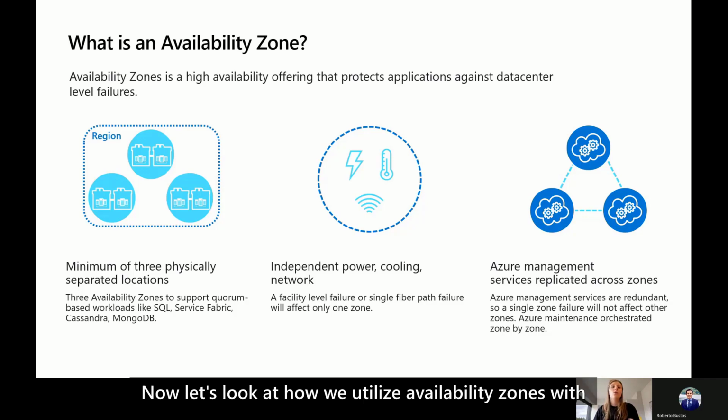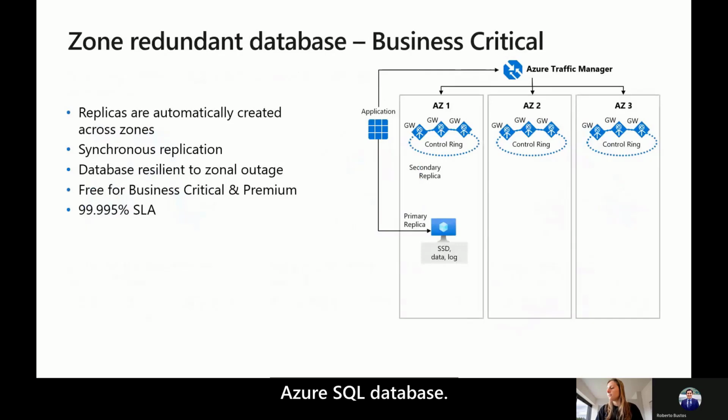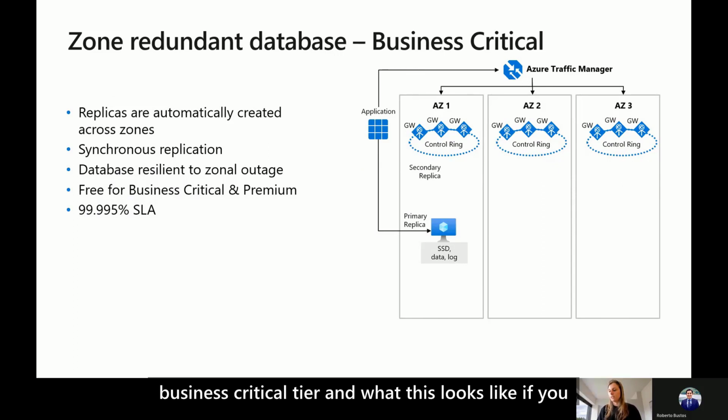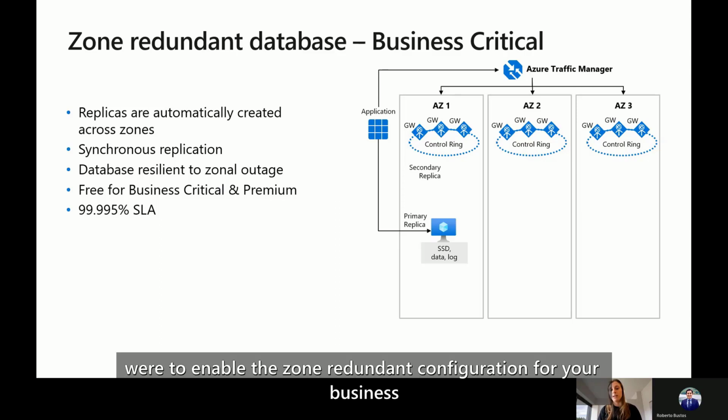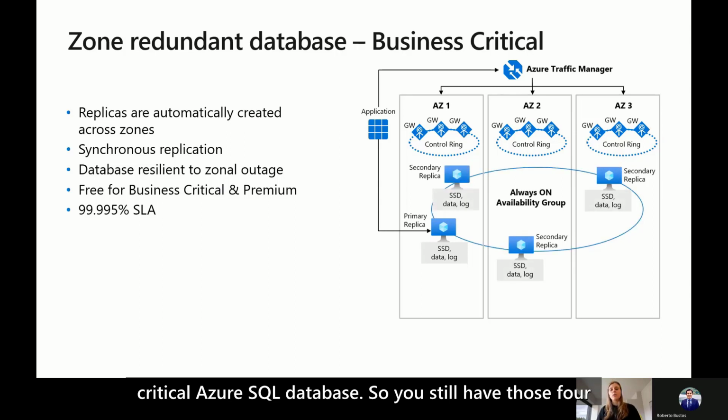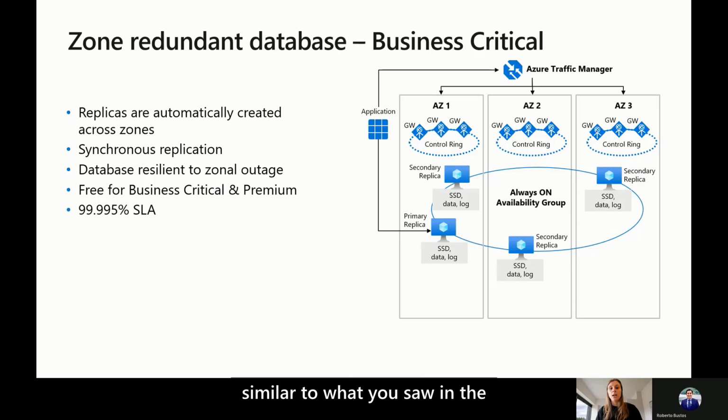Now let's look at how we utilize availability zones with Azure SQL Database. Starting with the business critical tier, we provide zone redundant configuration as an option. If you were to enable the zone redundant configuration for your business critical Azure SQL Database, you still have those 4 replicas that you have out of the box, similar to the local redundant configuration we discussed earlier.